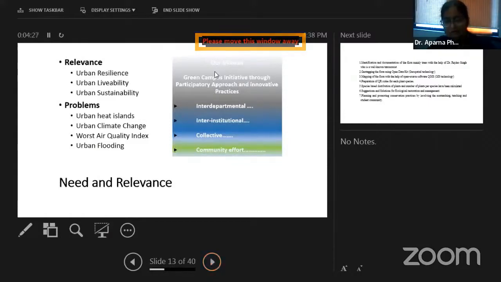The effort was interdepartmental, interinstitutional, because St. Xavier's also joined, as they have the Herbarium, and it was the taxonomist, Professor Singh, who joined us. It was all voluntary effort, and the problems we could identify were the urban heat island phenomena. The University of Mumbai is located in one of the areas that have the worst air quality index and urban flooding also. So it was a collective community effort.